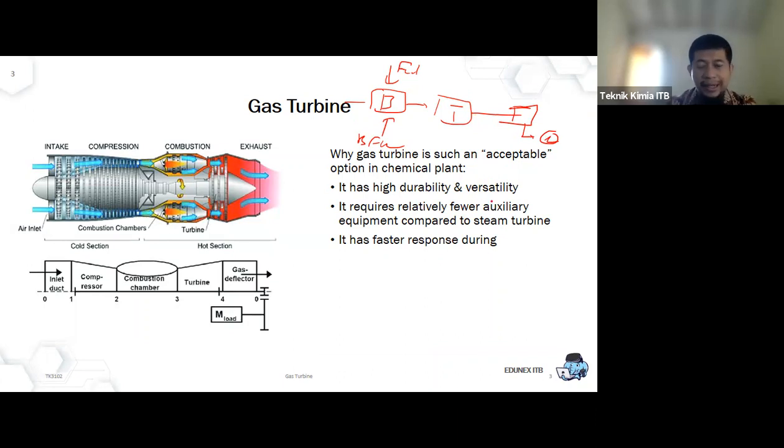When you want to increase the electricity, what do we do at the steam turbine generator? Usually we need to increase the heat. How do we increase the heat? We need to increase the fuel. How do we increase the fuel? We open the fuel valve, and then we also open the air register in there.